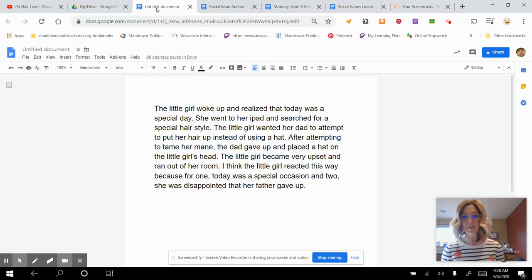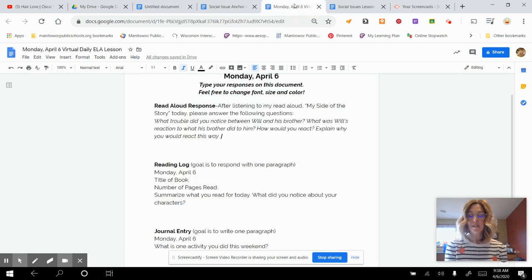The little girl became very upset. This is her reaction, and ran out of the room. And then, so we're trying to push our level of thinking, I think the girl reacted this way because, for one, today was a special occasion. She wanted to look good. And two, she was disappointed that her father gave up.